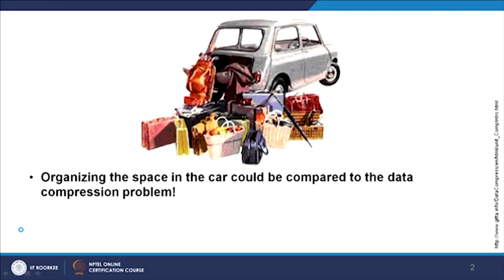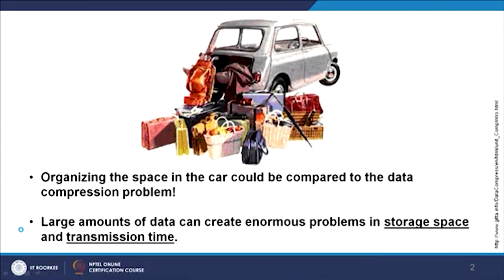Like in this example, in a small car so many goods are being planned to be kept, which means things would be compressed there. And data compression is the same problem as the small car with a lot of goods or stuff.